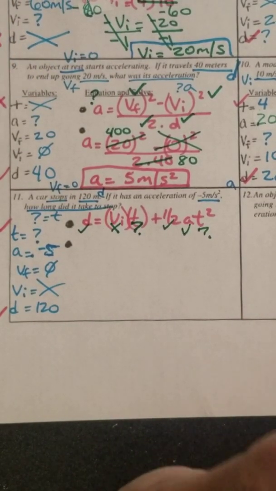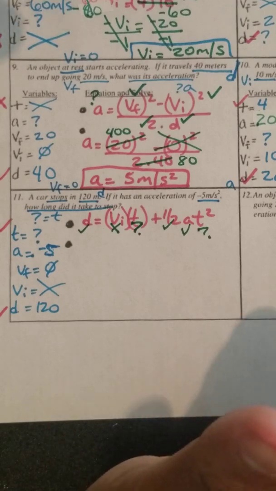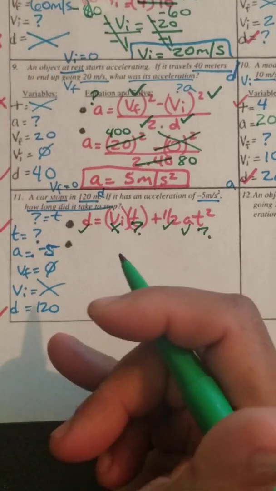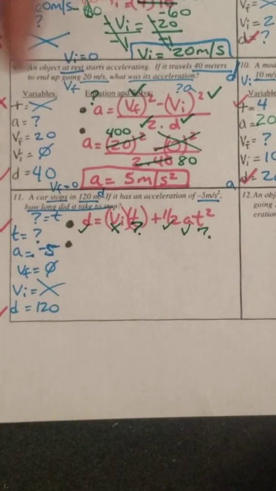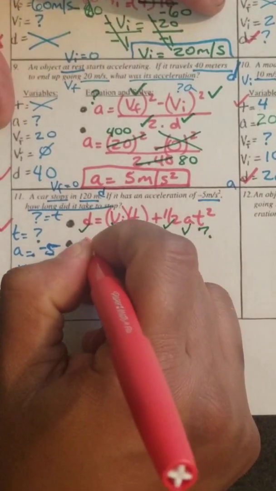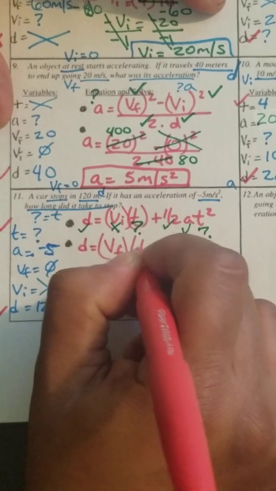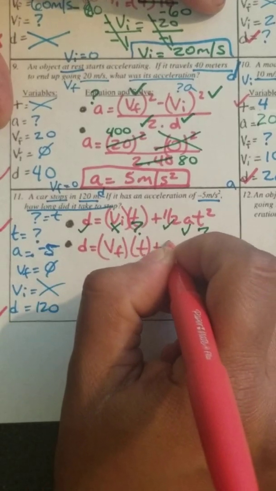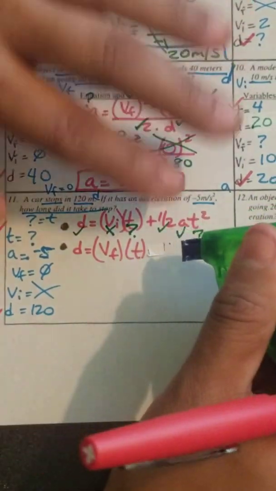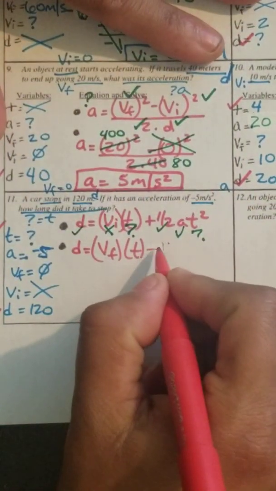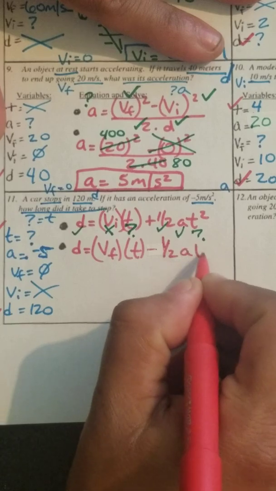Well, I know that I can flip it and change it, but since I'm missing a V sub I already and I do have a V sub F, why not try the other equation? Let's see that one. Remember, D equals V sub F times T plus 1. Oh, sorry. You're probably watching the video saying, no, it's minus 1/2 A T squared.